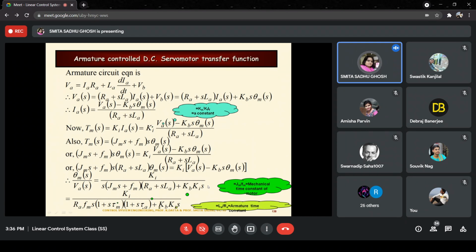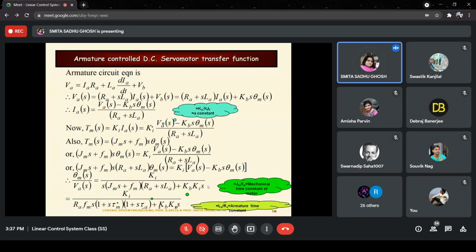Now, this first order term would actually be contributing to some added damping in the system. If you recollect, in your second year, you had thoroughly studied second order systems in signals and systems. Over there, which term is responsible for the damping of the second order system?